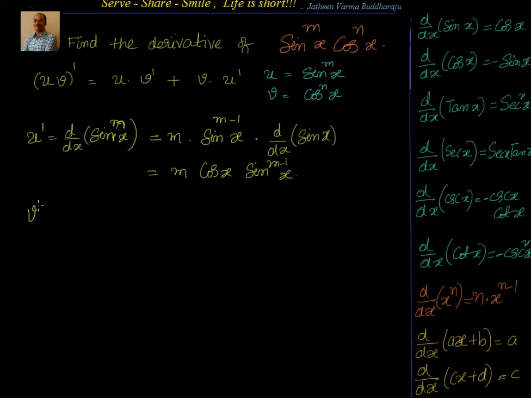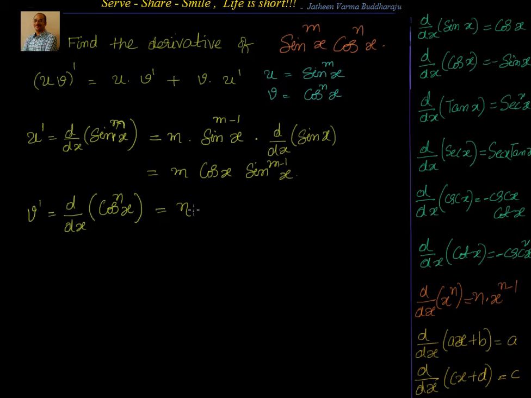Let us see what is the derivative of v, or v dash. v dash equals, along the same lines, d by dx of cos to the power of nx. Again I can apply the same logic. Let cos x be a variable, then I have a variable to the power of n. At higher level I see a function in the form of x to the power of n, so the derivative is n into x to the power of n minus 1.